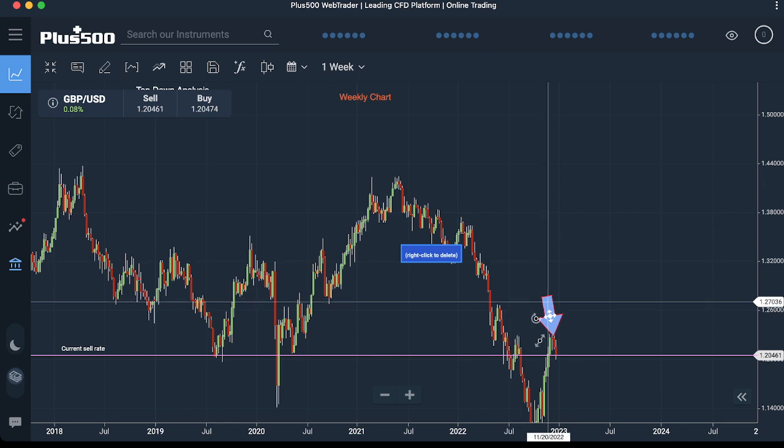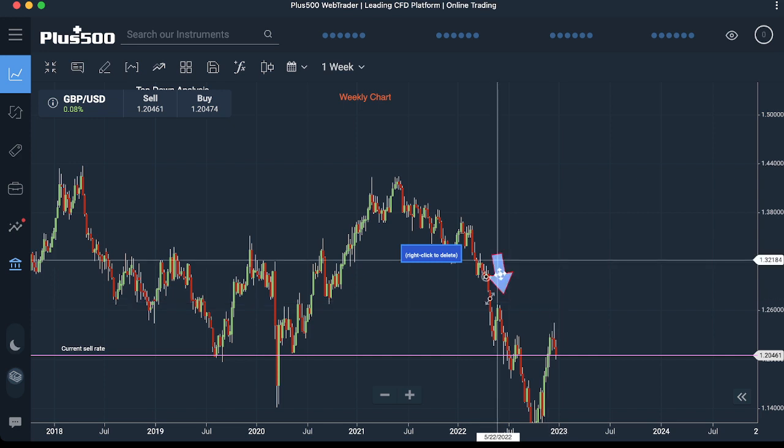In the long run, this is actually the perfect spot to sell. So that's why here, if I leave the arrow here and show you by a horizontal line, you can see exactly here we have that fair value gap.